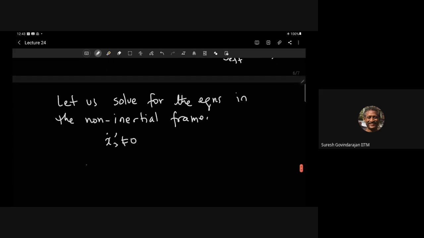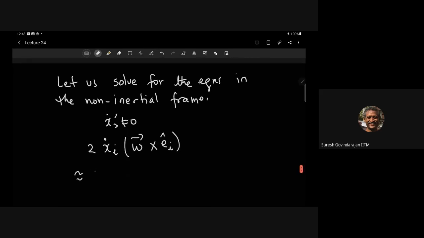So I need to compute 2 omega cross x3 dot. Wait, let's write the first one to get it done. Okay, so we can neglect, like I said, this is approximately only x3 we will take, which we'll call z dot.